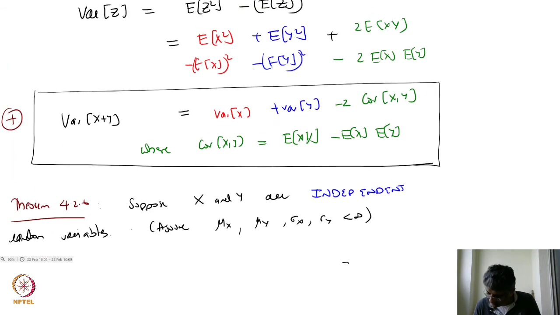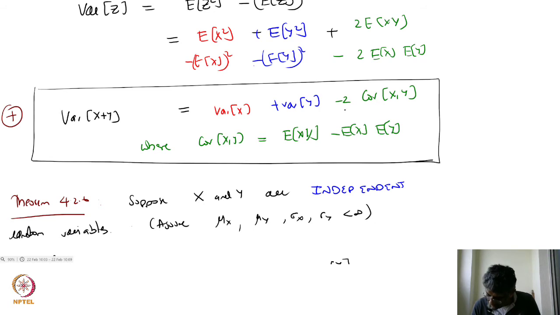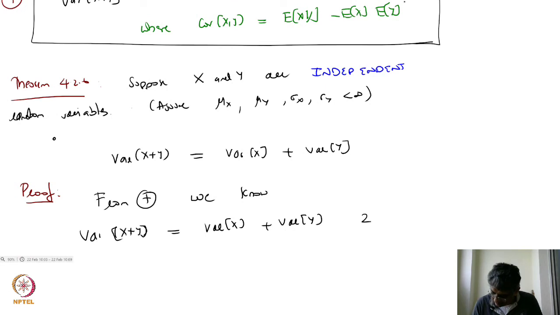It should be plus, right? So it's just a plus. Sorry, I made a mistake here. Just a plus, plus 2 covariance of X comma Y.